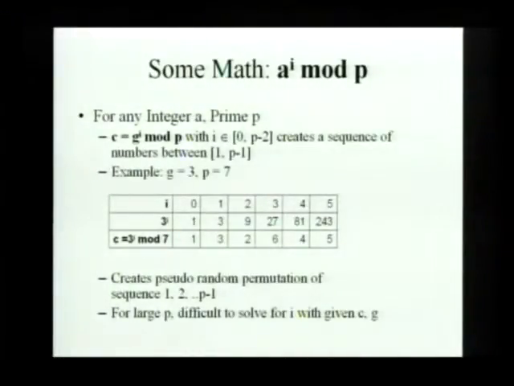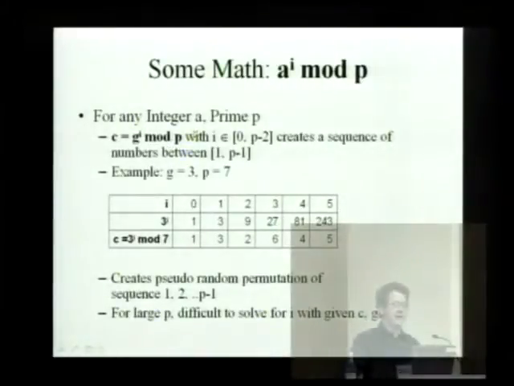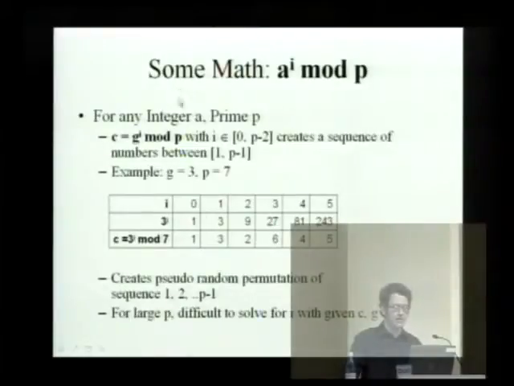Another concept is commitments, and there's some math below it, and I don't want to go into too much detail, but the math you use is basically this formula: g to the i modulo p, with any integer i and with a prime p, creates a permutation of your values.